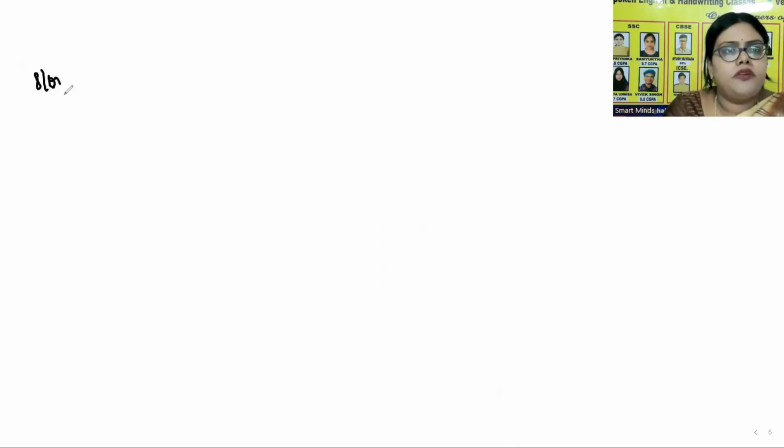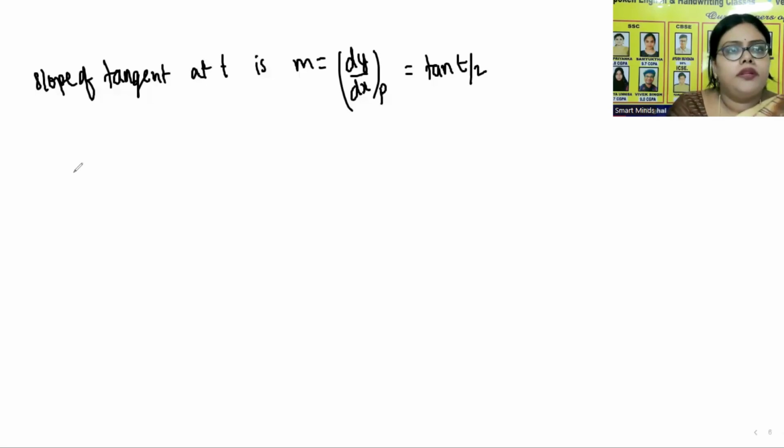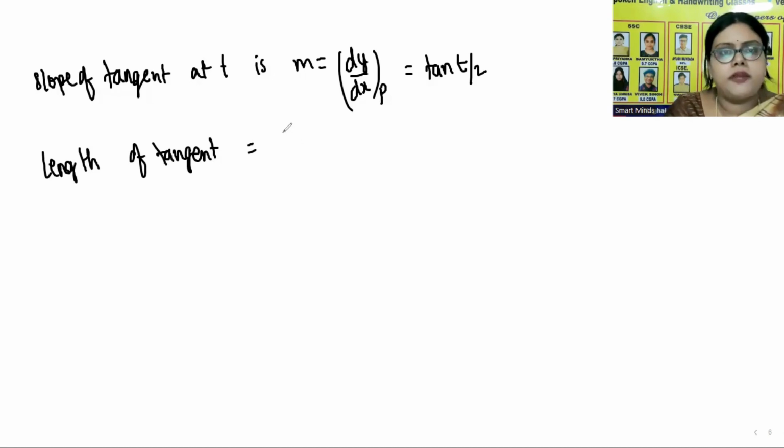Okay, so first we will find out slope of tangent. Slope of tangent at t is m is equal to dy by dx at a point P. So that is tan t by 2. Now what is length of the tangent? We need to find length of tangent, length of normal, length of subtangent and length of subnormal.